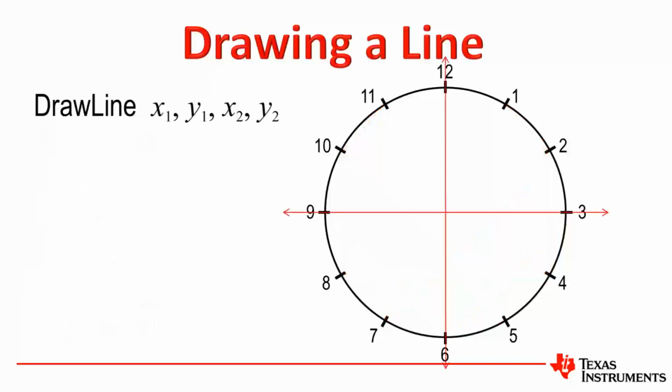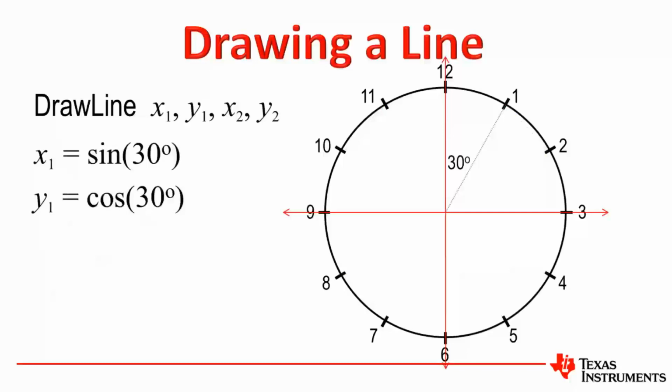If we imagine it as sitting on a Cartesian plane, so I'm going to throw the Cartesian plane right in the middle, we should start thinking it looks a bit like a unit circle perhaps. So if I said that that's 30 degrees for 1, we could write our x1 coordinate as sine 30 and our y1 coordinate as cos 30. I could have done them as 60 degrees, cos 60 and sine 60 and so on, but I want it to go around in a clockwise direction.